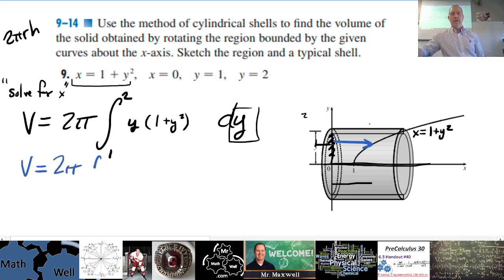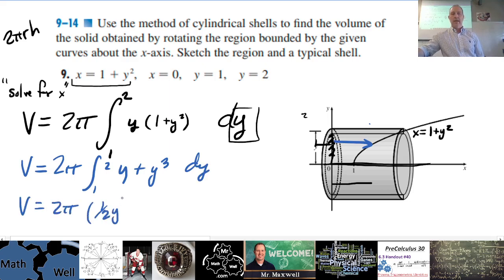So let's just rewrite this from 1 to 2. This is going to be y plus y cubed, dy. And I can go ahead and evaluate this integral. This is going to be 1/2 y squared, right? And this is going to be 1/4 y to the 4th, evaluated from 1 to 2.